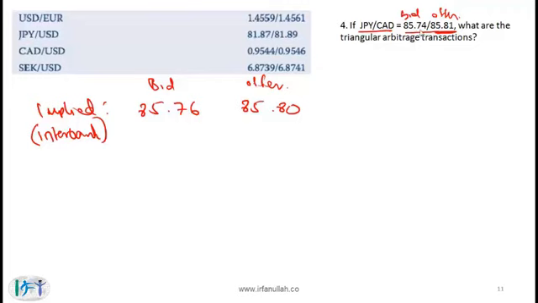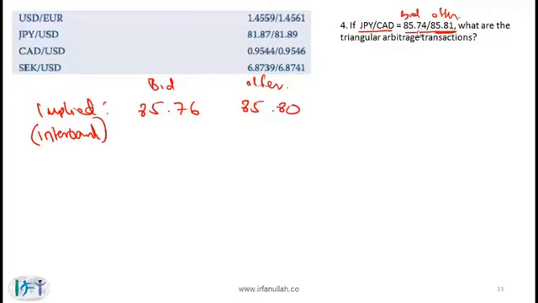So if you can sell to the dealer for 85.74, how much are you buying in the interbank market for? In the interbank market, you would buy for 85.80. So here again, you cannot make arbitrage profit, because in this market, you would buy for 85.80 and to the dealer, you would sell at 85.74.